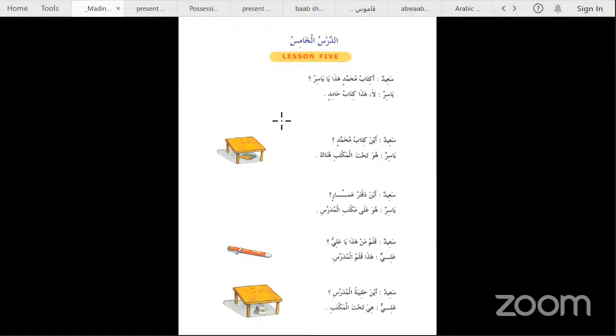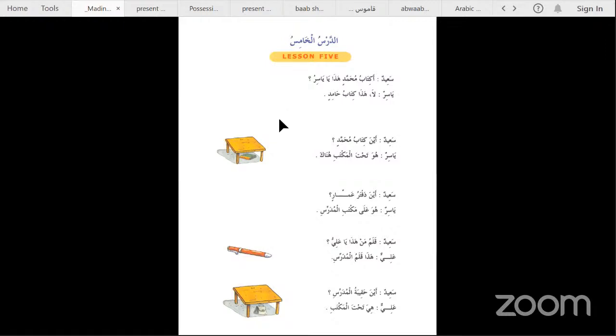You have 2 parts of this sentence: the mudaf, which is the thing being possessed, and the mudaf ilayh, which is the possessor. For example, in Arabic we say kitabullahi, Allah's book. The book is the possession of Allah subhanahu wa ta'ala. The noun which comes in the second part of the sentence gets a kasra.